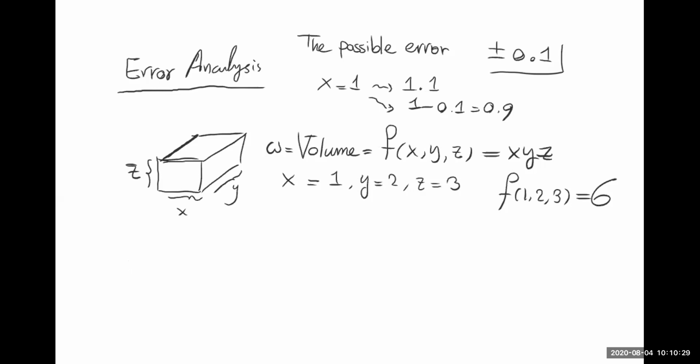Now in the values of X, Y, and Z, the error can be something up to at most plus or minus 0.1. When we are measuring things, when we are constructing things, there are two kinds of error. One is just simply the error itself.